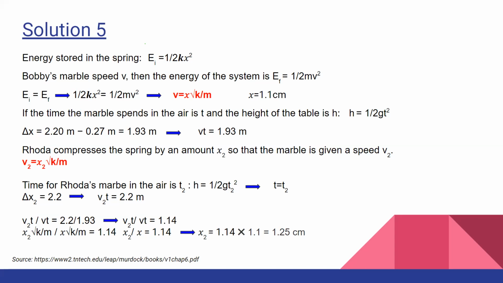So 1/2 kx squared equals 1/2 mv squared. The 1/2s cancel, so kx squared is equal to mv squared. Here we're trying to solve for v. If you express it in terms of displacement, m and k, we get v is equal to x times the square root of k over m.